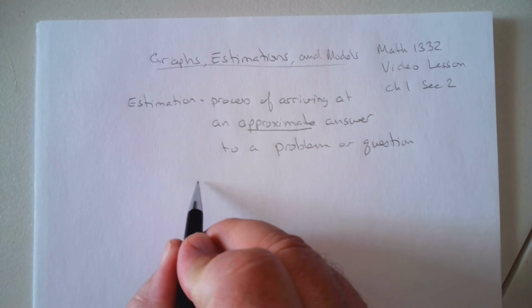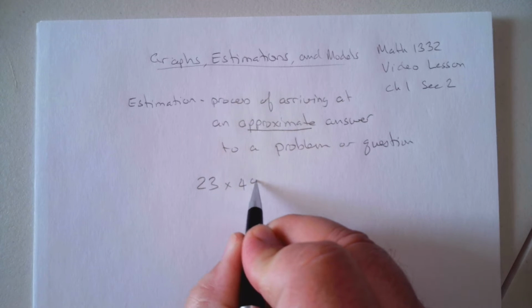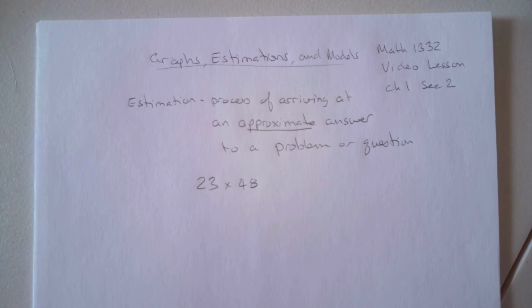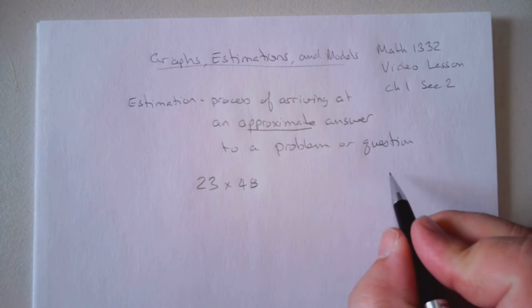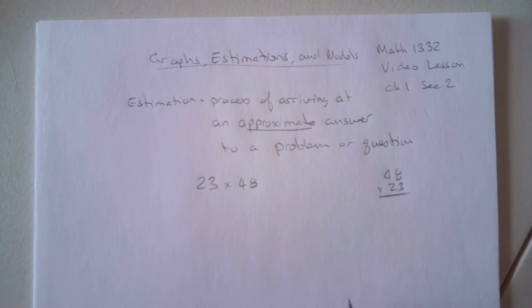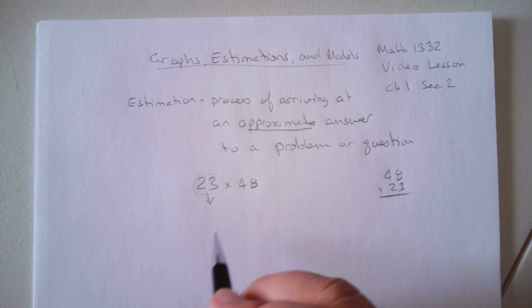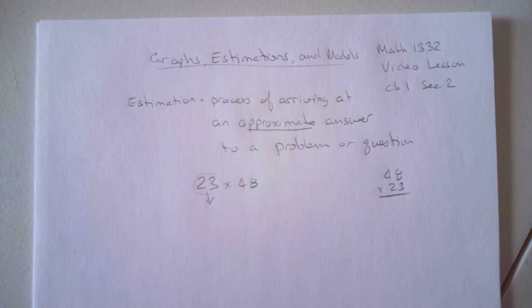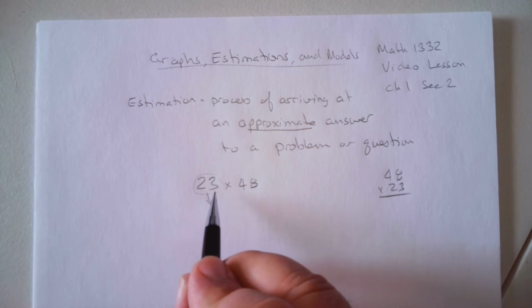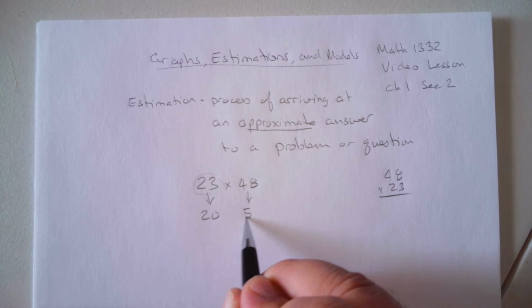For example, if you were asked to multiply 23 times 48, that would take a lot of time because you have to do 48 times 23 and then do all the math there. Estimation uses approximation. So we take the first number and round it up or down to the closest whole number that we could deal with. 23 is closer to 20, and 48 is closer to 50.